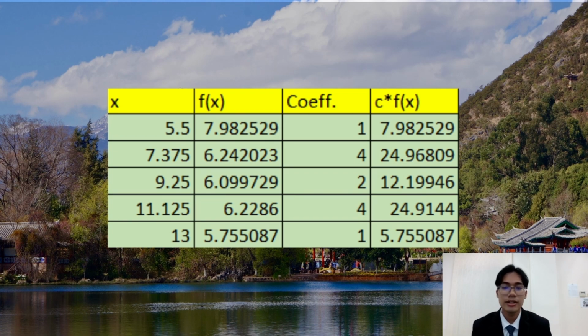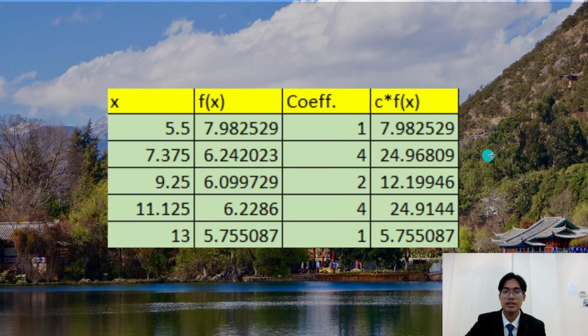Then we need to determine our alternating coefficient. To do the alternating coefficient, we put 1 for the first x and the last x, and then we alternate the values 4, 2, 4, 2, 4, 2, 4, 2 until we reach the final x.